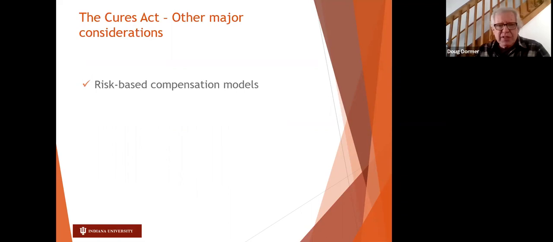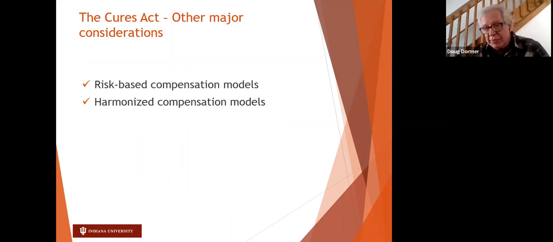Some other considerations. As we've said, we're now focused much more heavily on risk-based compensation models, where the provider carries part of the risk. I'm going to build this page out and then come back to that one for a moment. Harmonized compensation models.